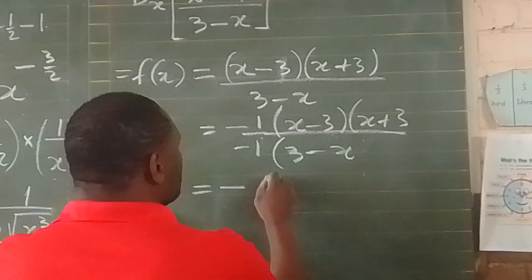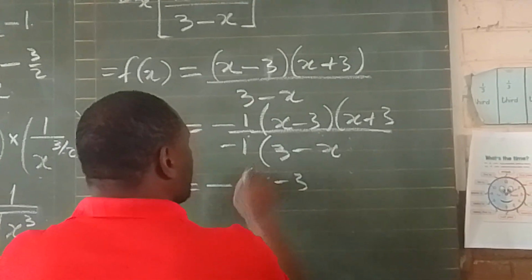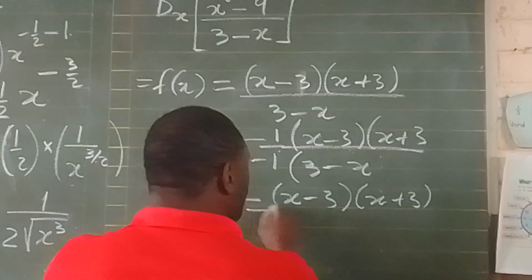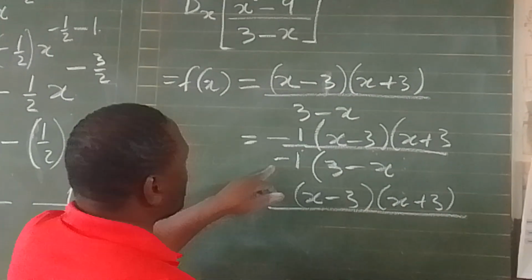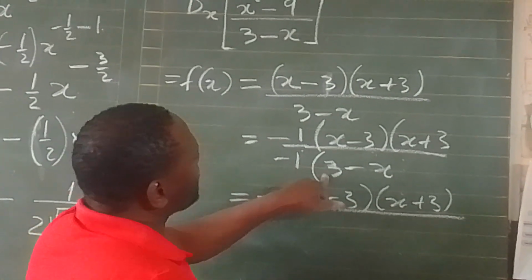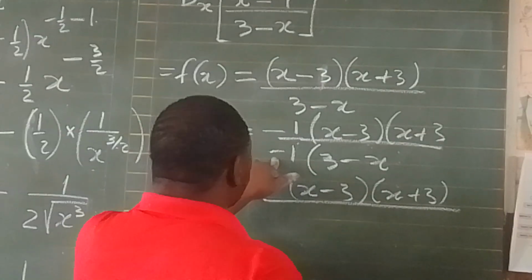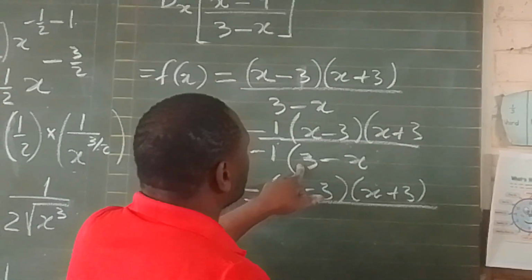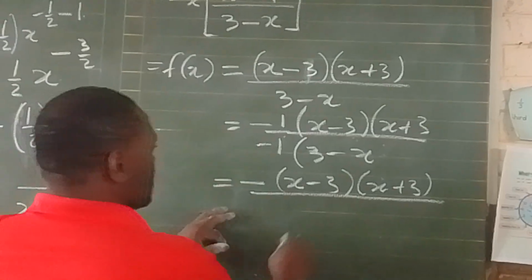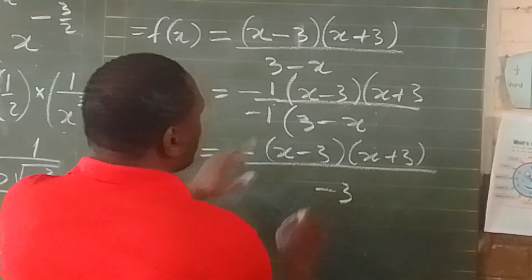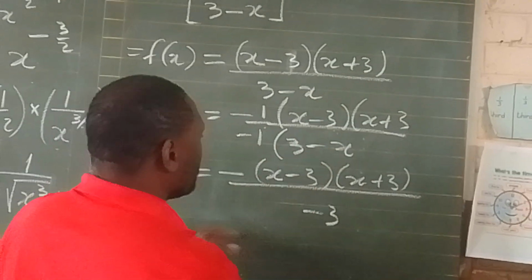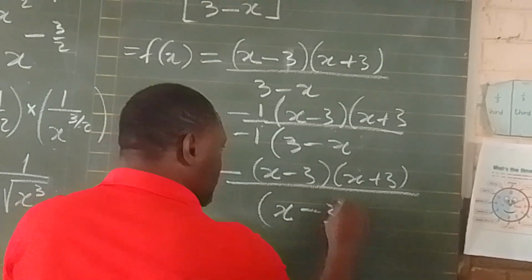So it's negative x minus 3, x plus 3, divided by, when you multiply this negative, negative times positive 3 is negative 3. You see? It's negative 3. And negative times negative x is positive x.